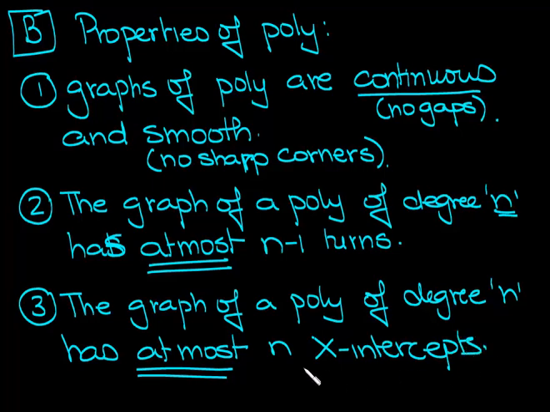And you'll learn in a little bit, x-intercepts are the same thing as zeros or roots that we talked about once before in the last section. Has at most n x-intercepts.